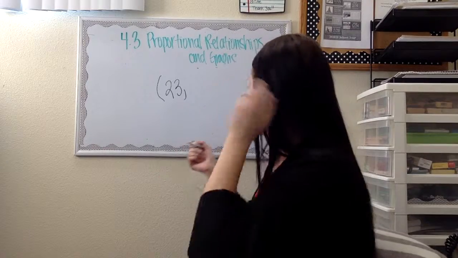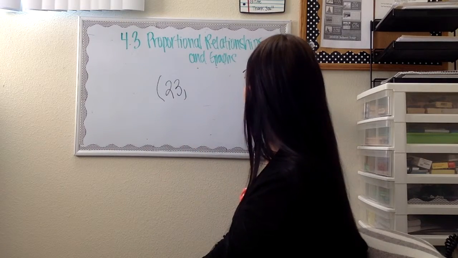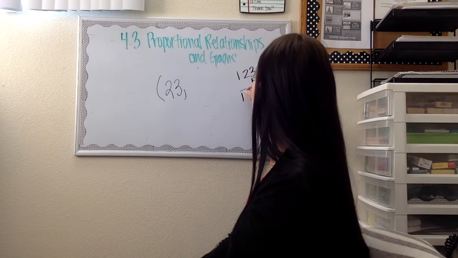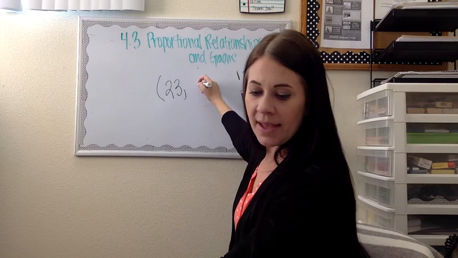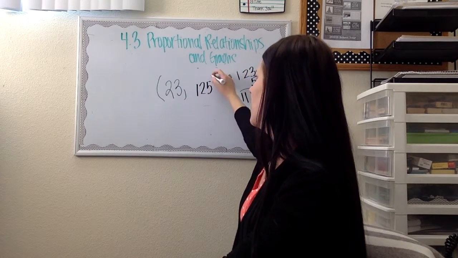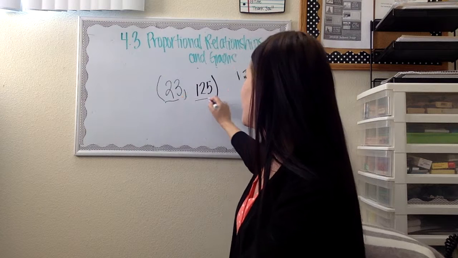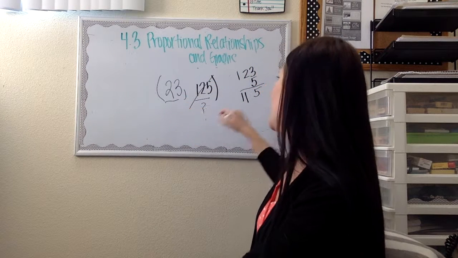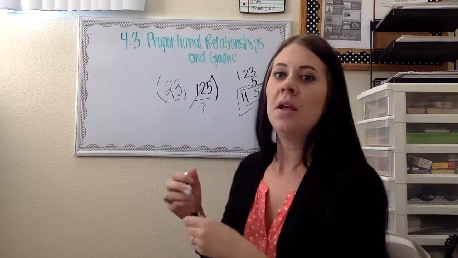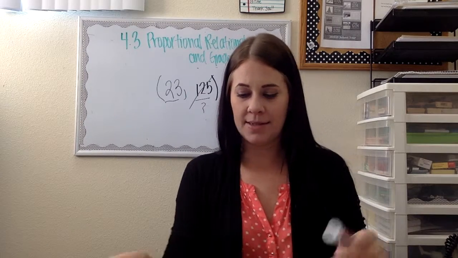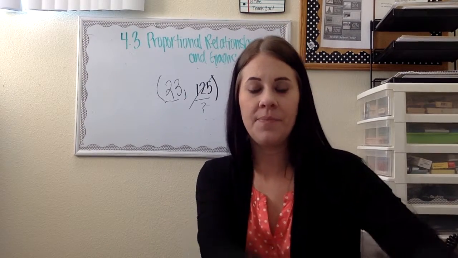We did times 5. So 23 times 5, 15, 100 is 115. And the point they gave us is 125. Okay, so in 23 minutes, do we have 125? No, we only had 115. So the answer is no, this point is not on this graph.